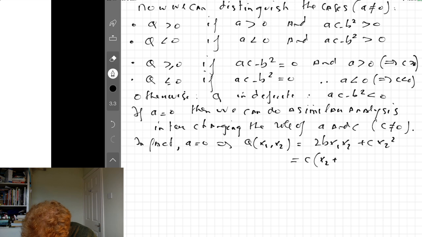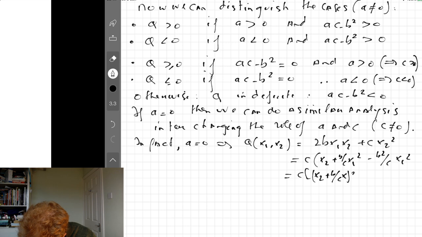(x2 plus b over c x1) squared minus b squared over c x1 squared.